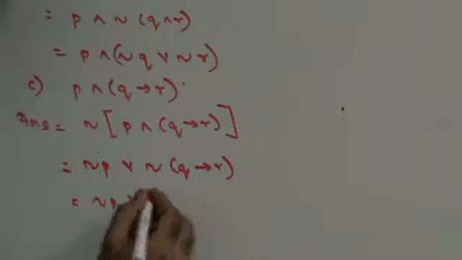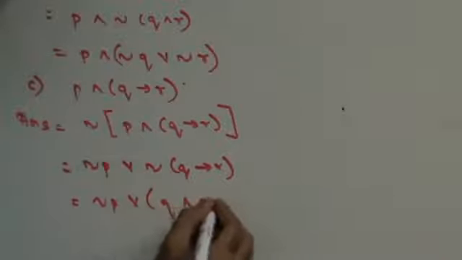This is not P or, now for Q implication R, apply the rule straightforward: first condition and not second condition. So the answer will be not P or Q and not R.